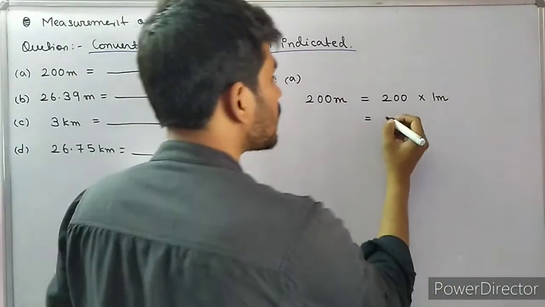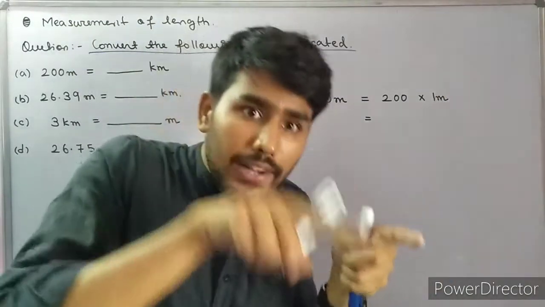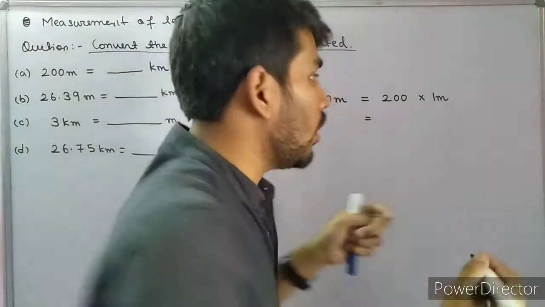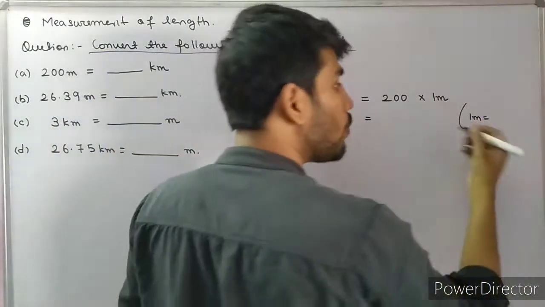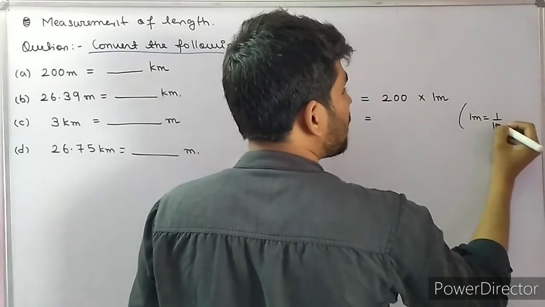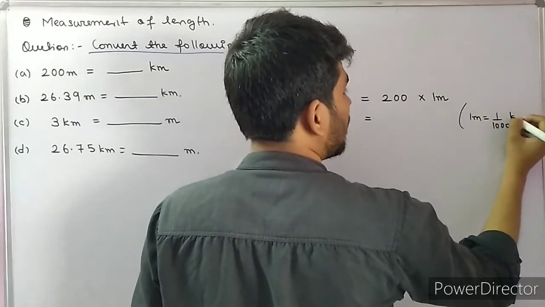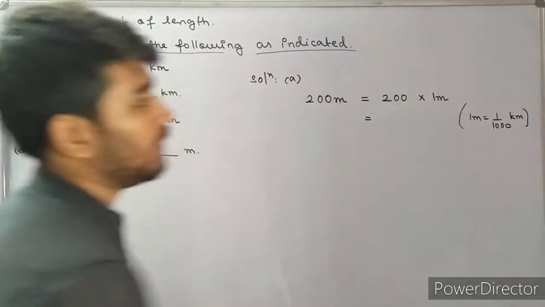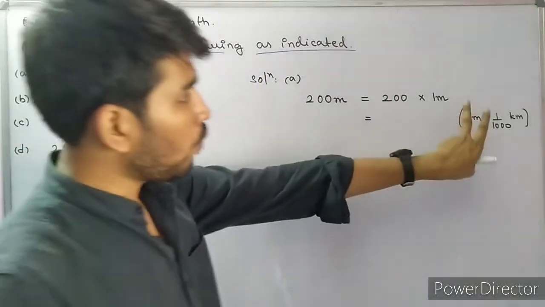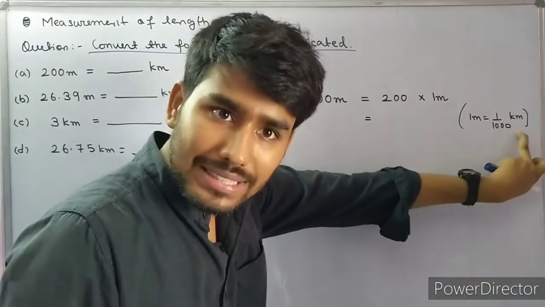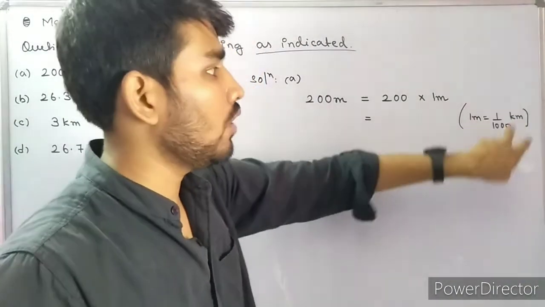And how much smaller? Just now we have seen that 1 meter is 1000 times smaller than kilometer. Yes or no? 1 meter is a smaller unit than kilometer. How much smaller? 1 by 1000.